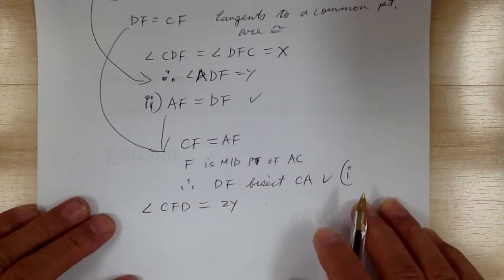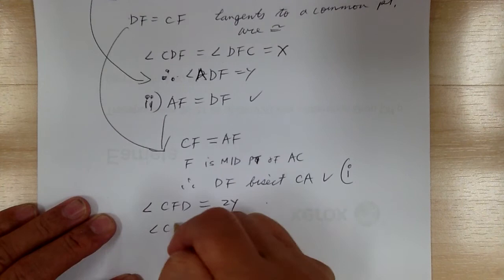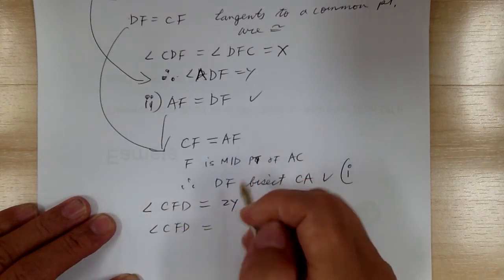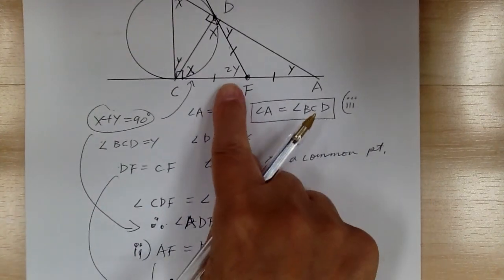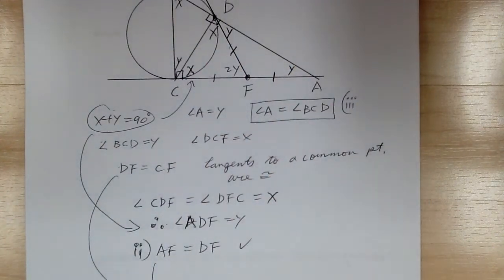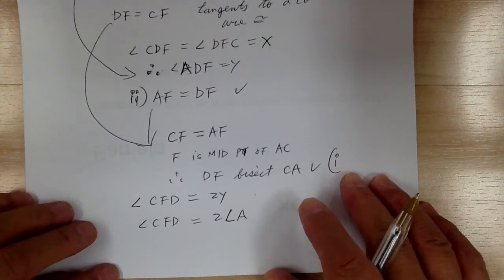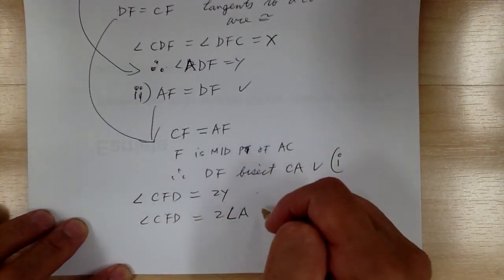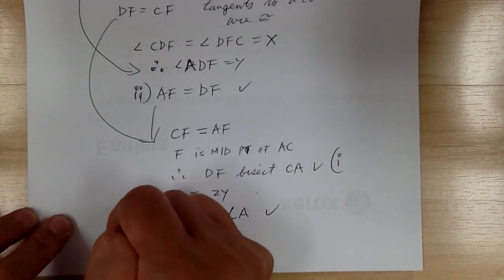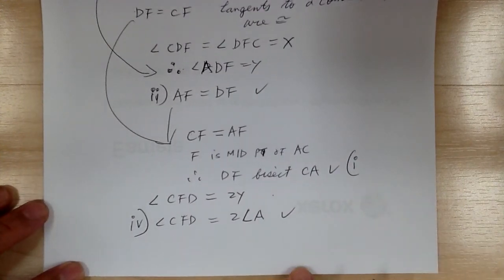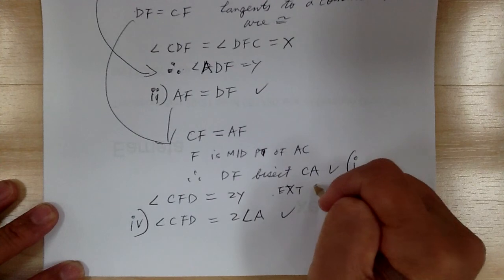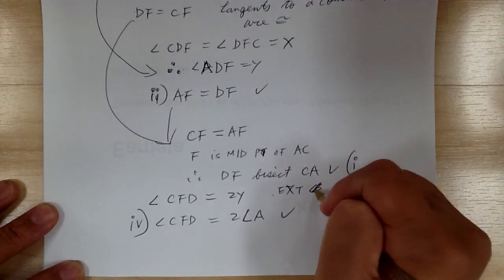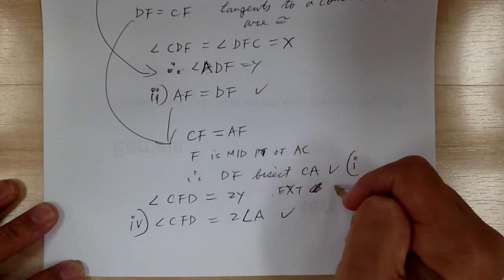Therefore angle CFD equals 2 times angle A. So that's it, this is the fourth one, by the exterior angle theorem.